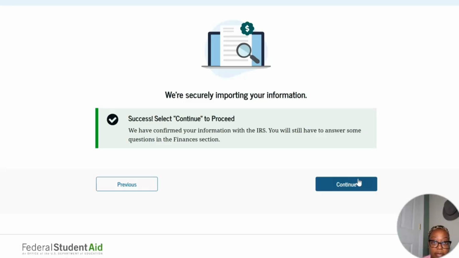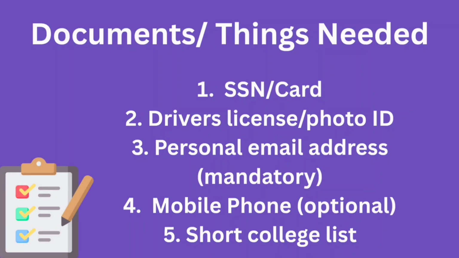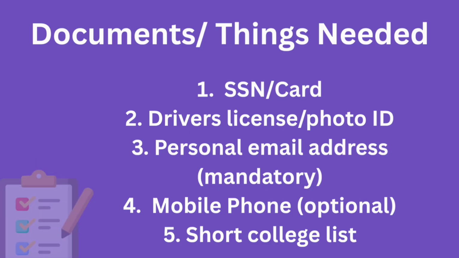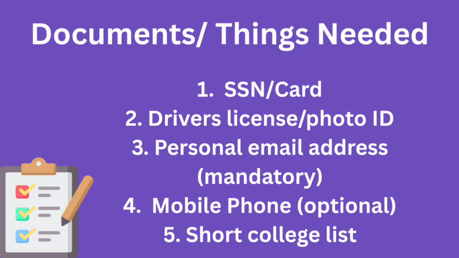So let me make sure it's clear exactly what you're going to need. You will need documentation for this one. I'm going to give you the documents that you'll need just for this particular section. You are going to need a social security card, driver's license or photo ID if you have one, a personal email address, not your school or a shared account, but your personal email address, a mobile phone, and a short college list for degree level context if you need that.